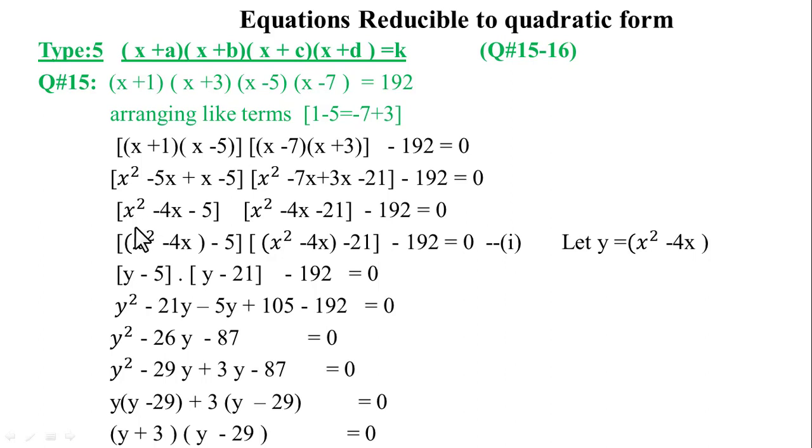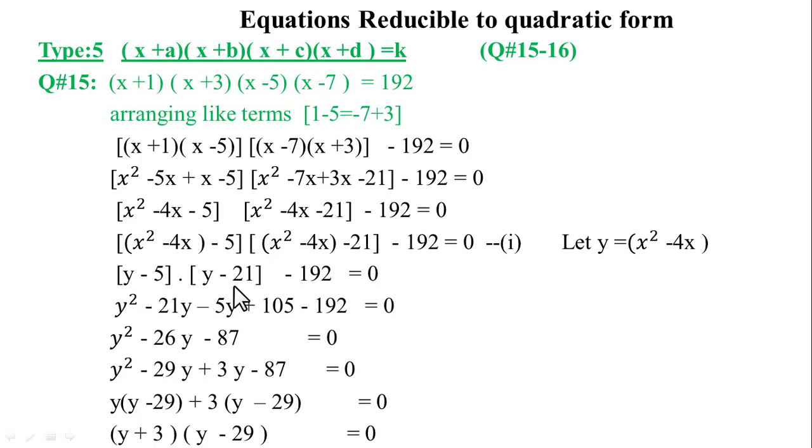So we have these two common factors. We arrange in this form: x square minus 4x minus 5 and x square minus 4x minus 21, minus 192 is equal to 0. Let us suppose that y is equal to x square minus 4x. Putting in this equation, we get y minus 5 into y minus 21 minus 192 is equal to 0.